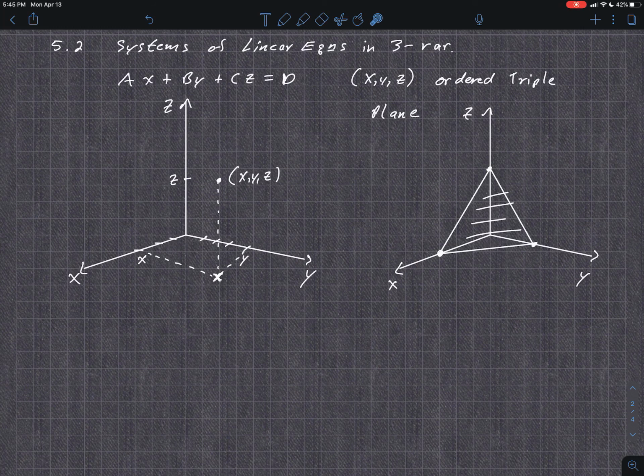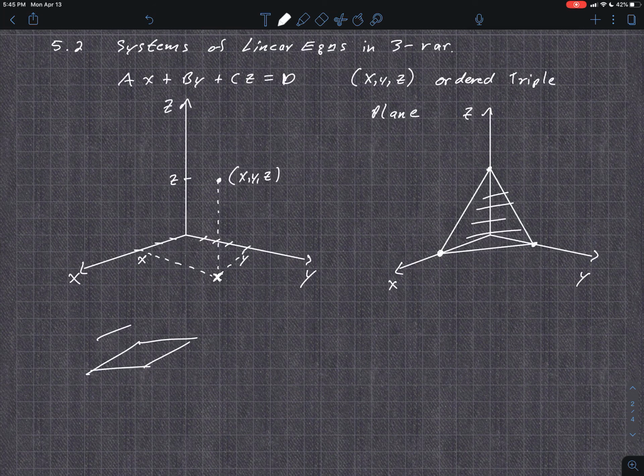So the question then is, how many different planes do you need so that the intersection is one point? Well, if you have two planes, they're either parallel, where they just don't intersect at all, like this.